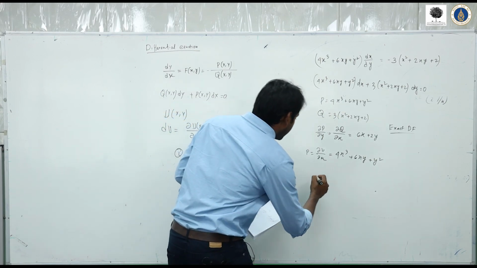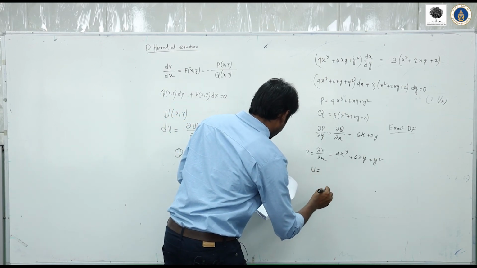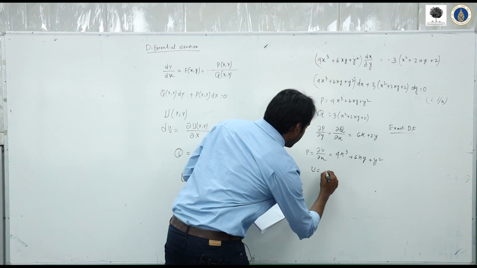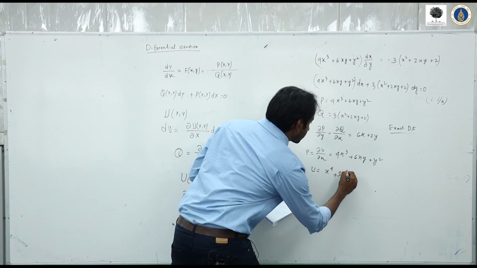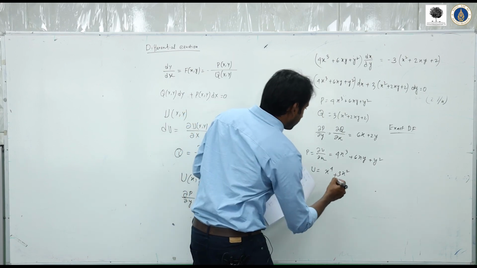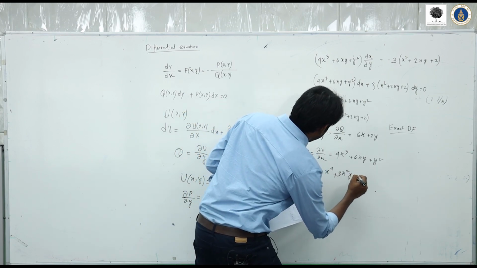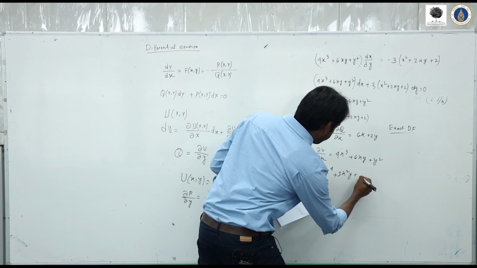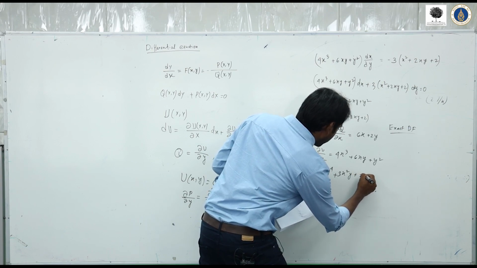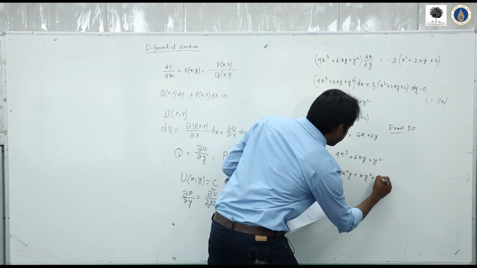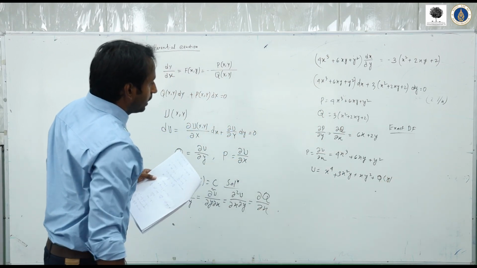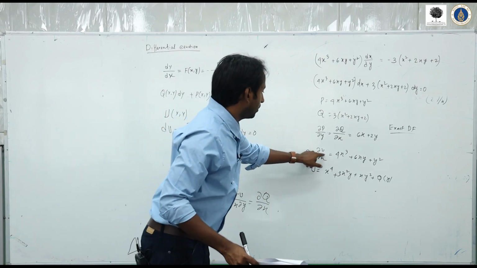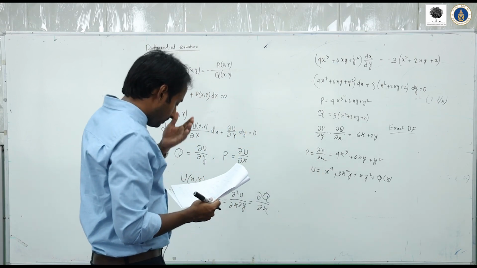Now if you solve it for u, you will get x to the power 4 plus 3x square y plus x y square, and plus a function of y. There could be a function of y that side, which makes the partial derivative equal to p.